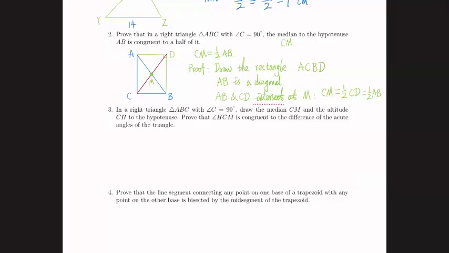Okay, next one. Again about a right triangle. Let's start with a right triangle ABC. Find the midpoint M, and let's also draw the altitude.